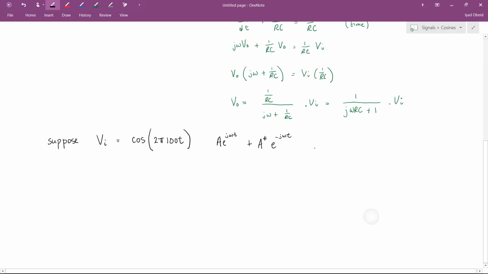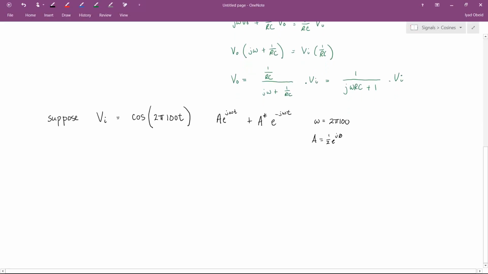And essentially, if I express it in that form, I know that omega is equal to 2 pi times 100, and A is going to equal k over 2, so it should be 1/2 e to the j theta. And theta in this case is 0. There's no phase shift. So 1/2 e to the j 0.